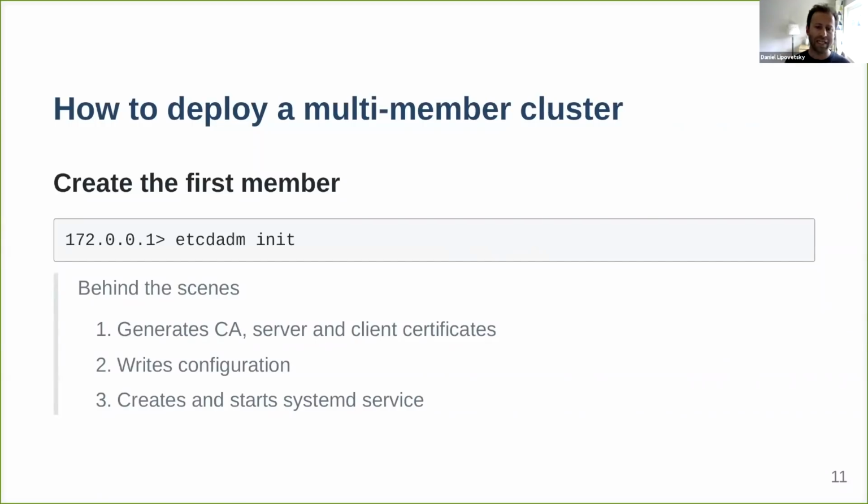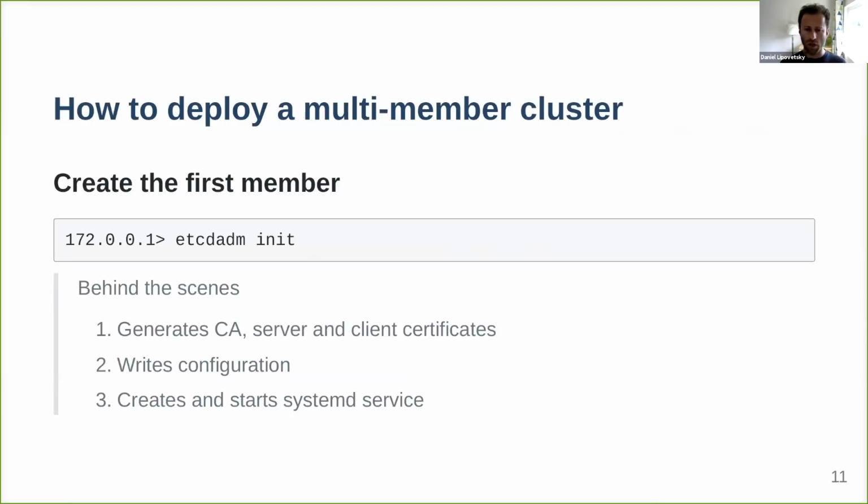So let me give you a quick rundown of what's happening behind the scenes. When I run etcdadm init, it will generate the CA certificate, and then use that to sign server and client certificates. These certificates are what's used to establish trust among the different etcd members.